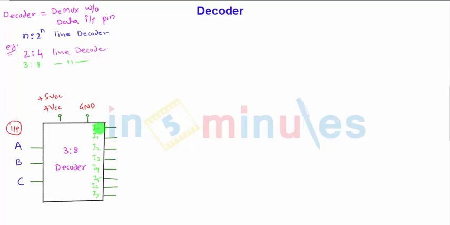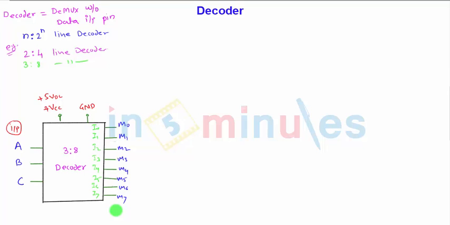I can also write I0, which is equivalent to min term 0. Now min terms are used for the SOP format, that is sum of products. So these correspond to M1, M2, all the way to M7. This is your basic block diagram of the decoder.